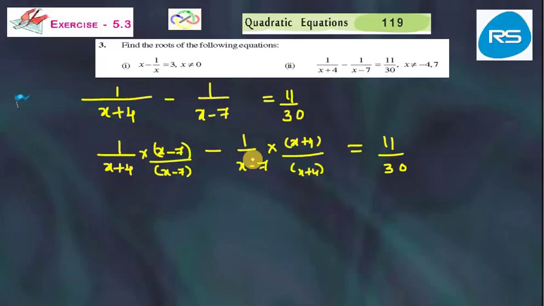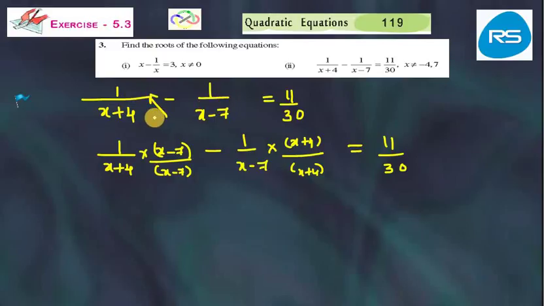So this is very important. So the first denominator with the second term, the second denominator with the first term, numerator and denominator you have to multiply. If not, another alternative method is to simply cross multiply it.